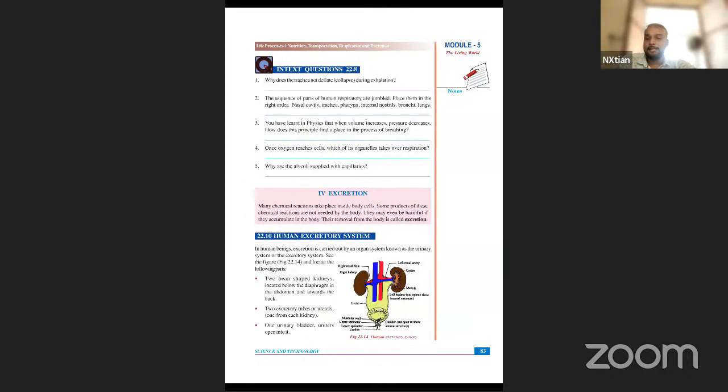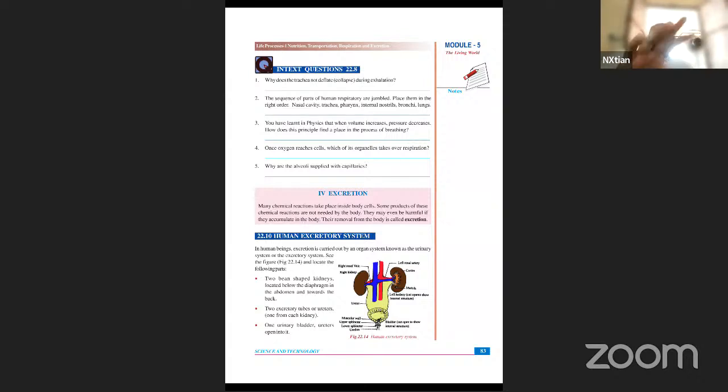Now, the human excretory system. The egestion part is the flushing part. Whatever we are eating which is undigested is removed that way. But this human excretory system is the urinal part.